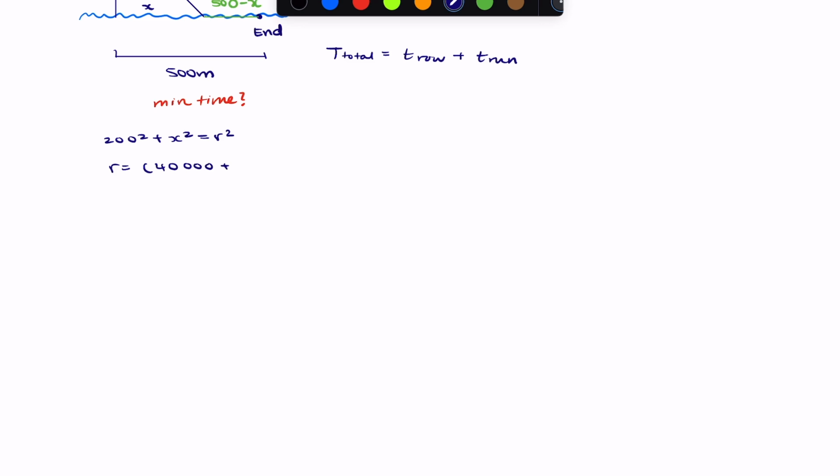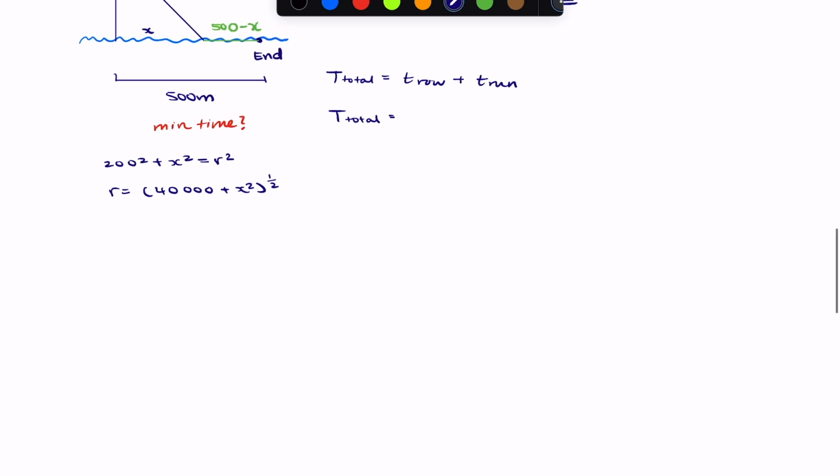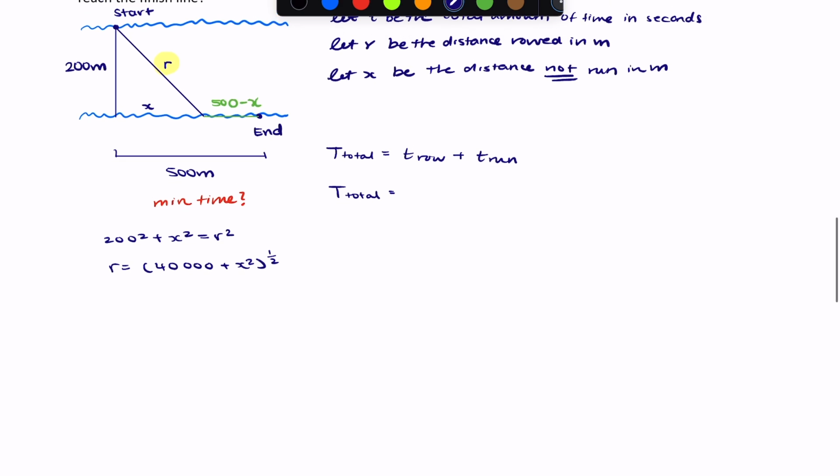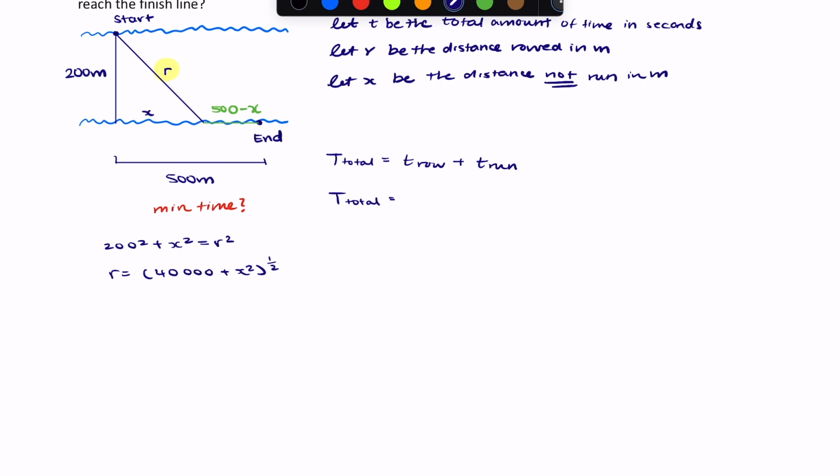And so here, R is equal to 40,000, so sorry, is equal to 40,000 plus x squared to the power of 1/2. Okay, so here we see that the total time is equal to the time that was rode.